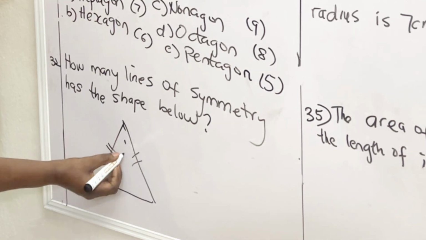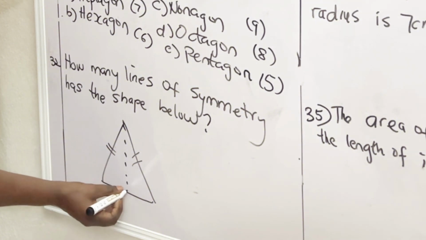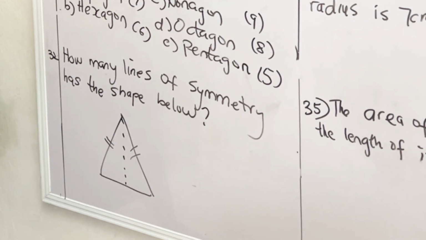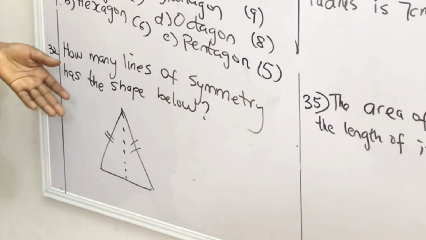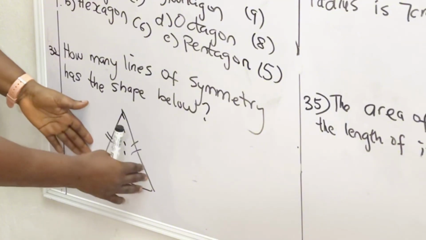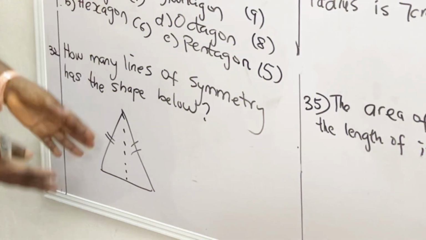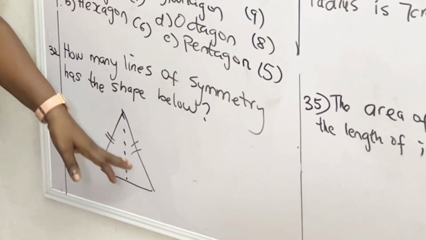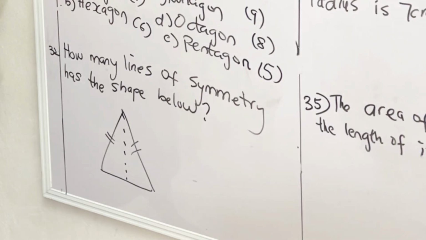And what is a line of symmetry? A line of symmetry is a line that can divide a shape into 2 equal halves, such that when you close, like now you want to close this triangle, let's say this is the paper, it's going to fit equally, the 2 sides will be equal. Once you have to adjust anything, then that means they are not symmetrical.